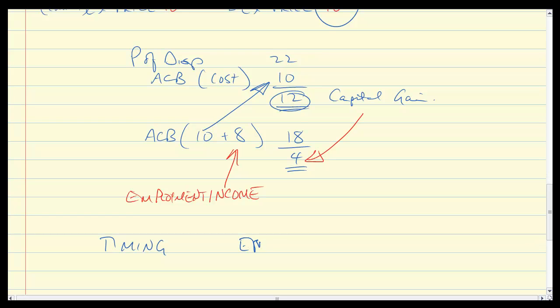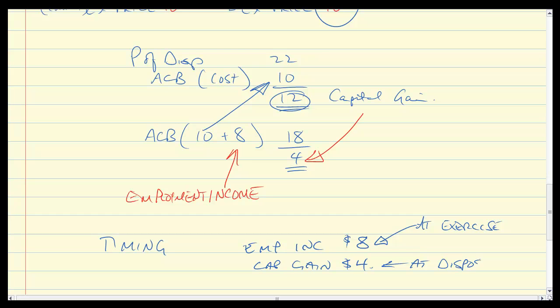We've got employment income of $8, and we've got a capital gain of $4. And so the way this is treated is this is taxed at exercise, and this is taxed at disposition. So these could be years and years apart that these two things get taxed.